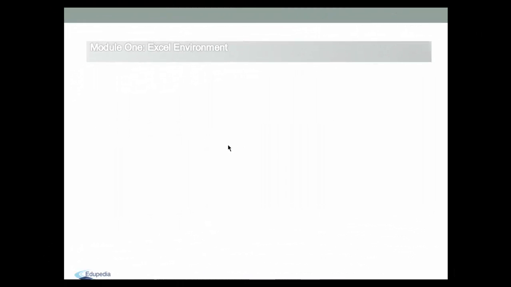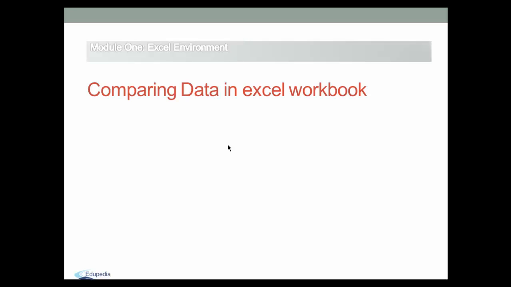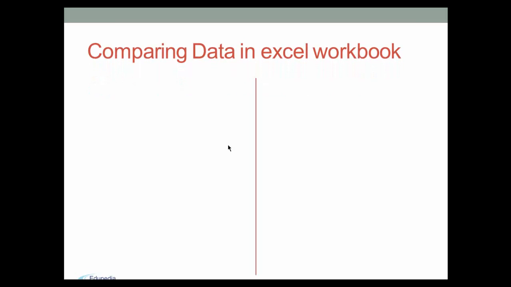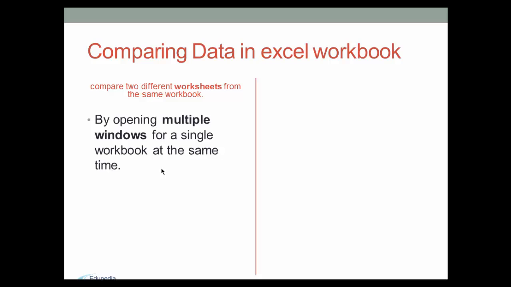If your workbook contains a lot of content, it can sometimes be difficult to compare different sections. Excel includes additional options to make your workbooks easier to view and compare. Excel allows you to open multiple windows for a single workbook at the same time, to compare two different worksheets from the same workbook.